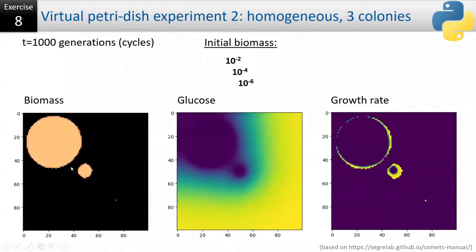So now we set the three initial biomasses here, here, and here, in these locations far away from each other. Of course, the larger biomass grew the largest colony after a fixed amount of 1,000 generation cycles, right? But what's also interesting is the glucose, which was diffusing with a small diffusion rate. The biggest colony consumed the most glucose, sucking it away from the environment.